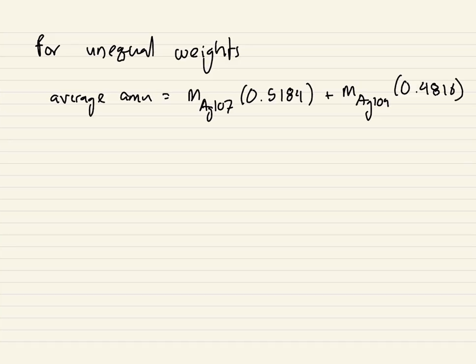All I did is replace the 1/2s, which assumed equal weights, with the actual weights of those things. So for something like this, you would have to be given the abundance of whatever isotope that is.